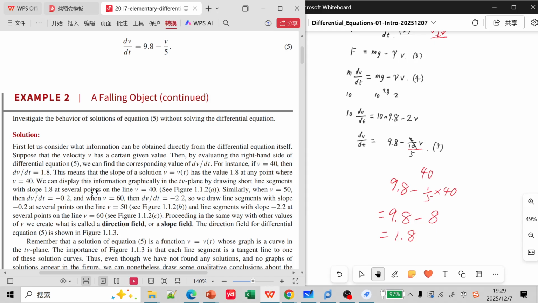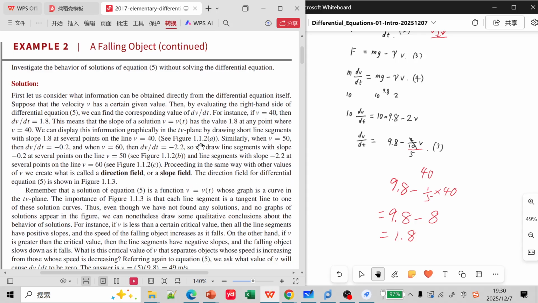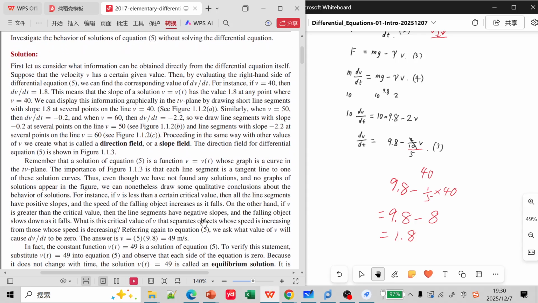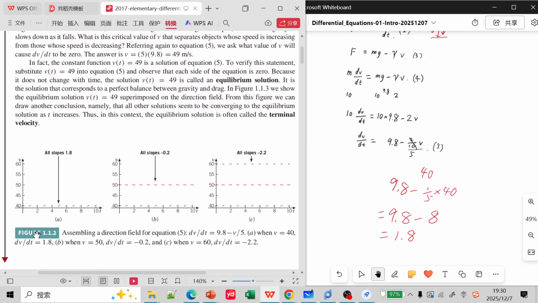We can display this information graphically in the tv plane by drawing short line segments with slope 1.8 at several points on the line v equal to 40. So let's see figure 1.1.2. Here is the figure 1.1.2 and this is A.